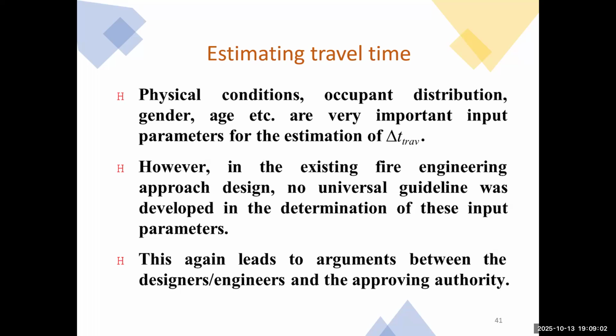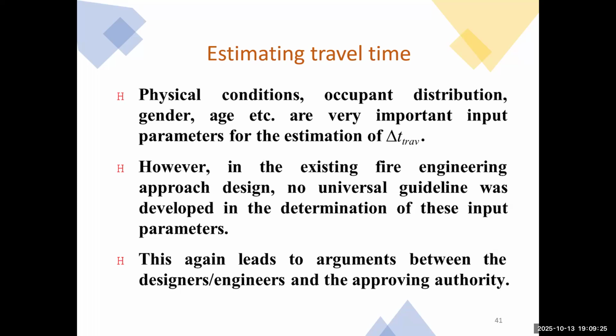And then we can also get simulations from our software to get the total RSET. That makes it easy for us to compare both of them and to see whether they satisfy the golden rule, that ASET is greater than RSET.